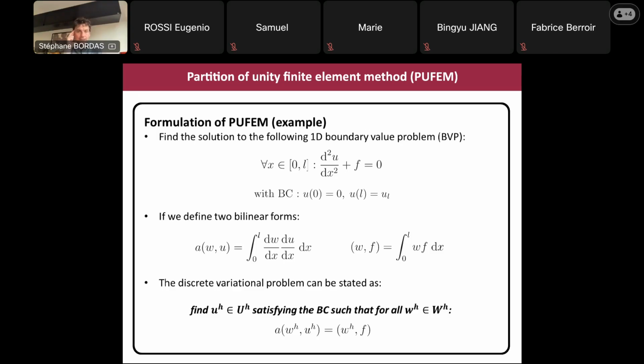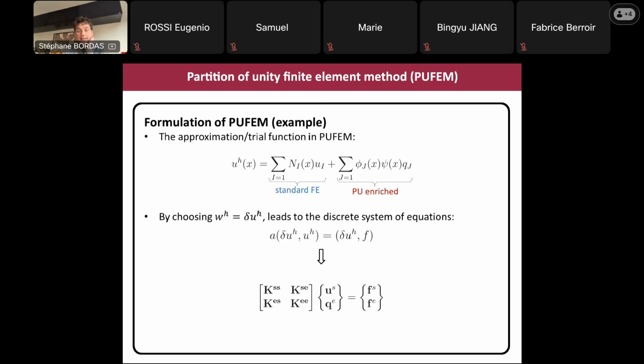In capital Uh, satisfying the boundary conditions, and such that for all wh weight functions in capital Wh, which is usually exactly Uh, except that the test function vanishes on the Dirichlet boundary. So they are homogeneous Dirichlet boundary conditions applied on wh. Well, then the bilinear form applied to wh and uh should be equal to the inner product of wh and f.